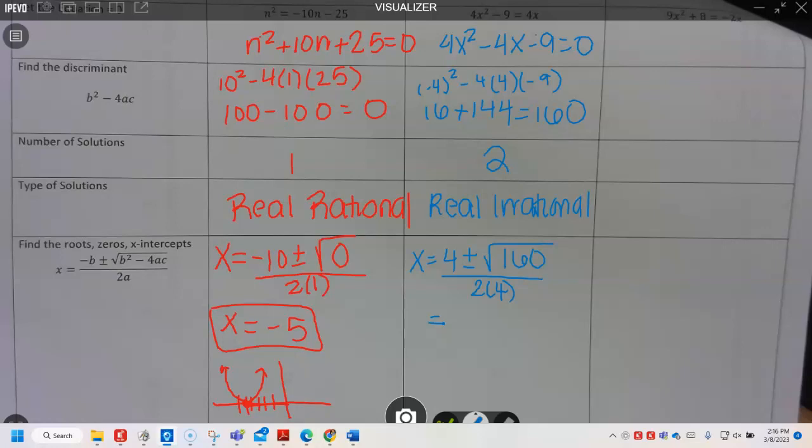So the square root of 16 is 4. So this is going to become 4 plus or minus 4 square roots of 10 all over 8. If you like to simplify completely, 4, 4, and 8 divide out, giving 1 plus or minus square root 10 all over 2.